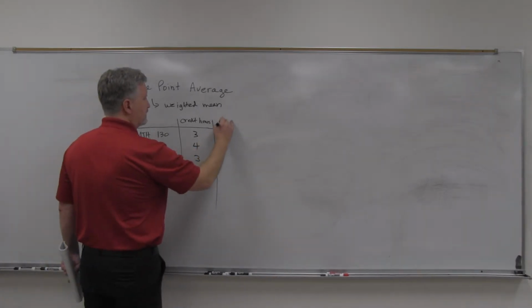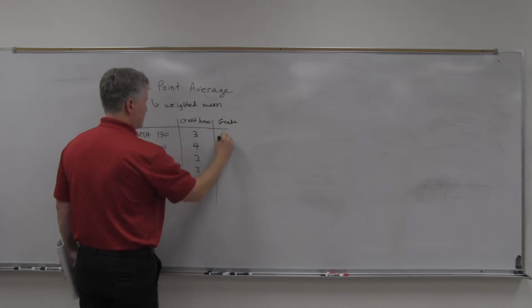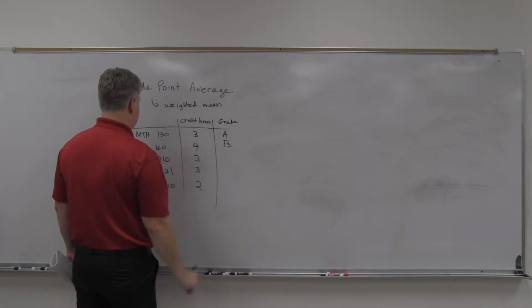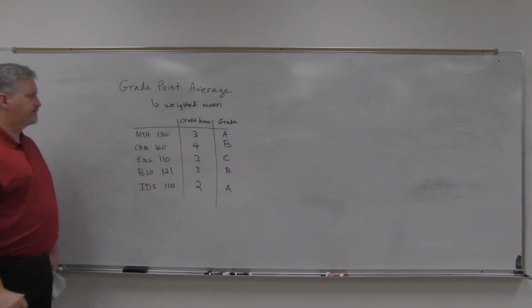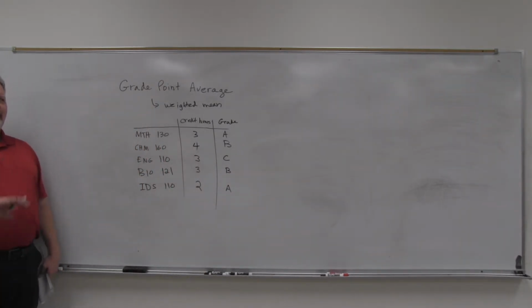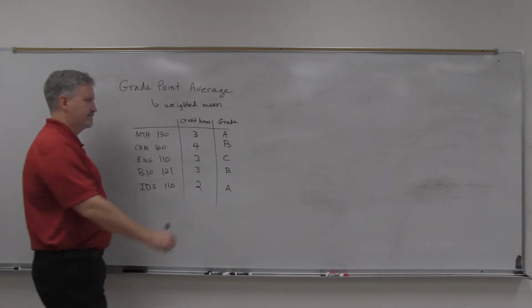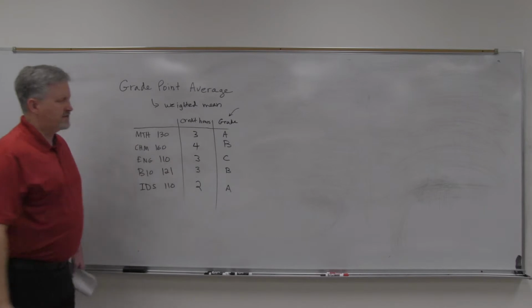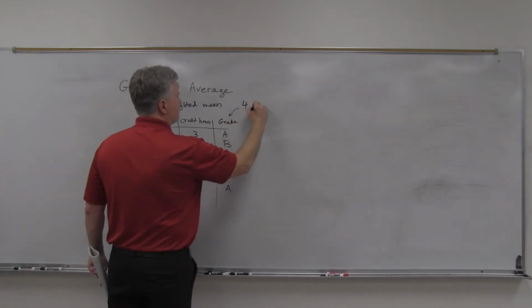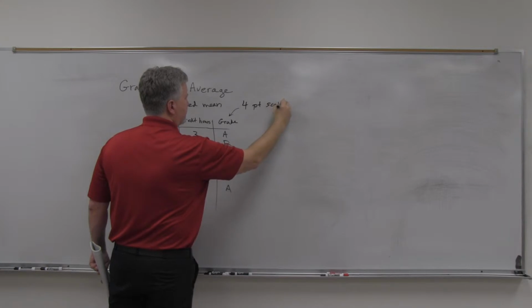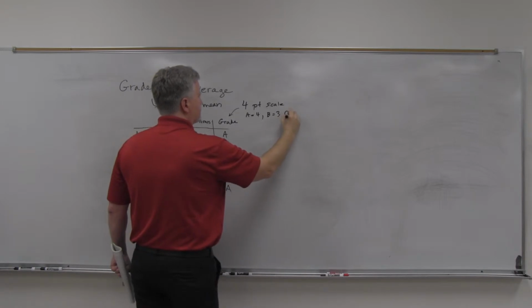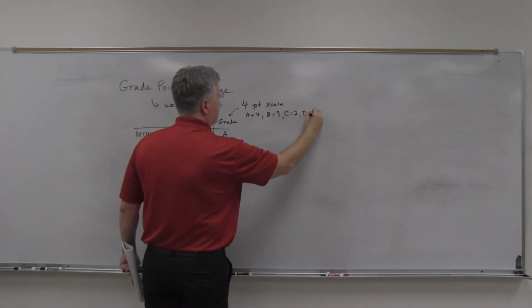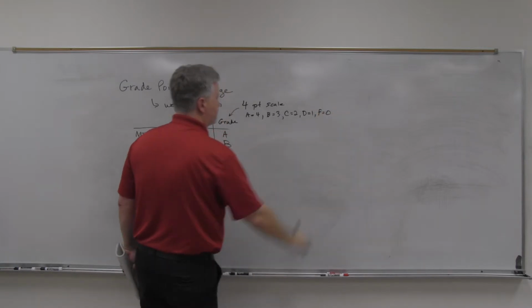All right, then, of course, we also have grades, so we've got an A here, B in Chem 160, and a C in English. Bio 121, make a B there, and an A in IDS 110, just to make one up. All right, now, our scale, like most grading scales, is a 4-point scale, which means the A's are 4 points, B's are 3 points each, C's are 2, D's are 1, F's are 0.